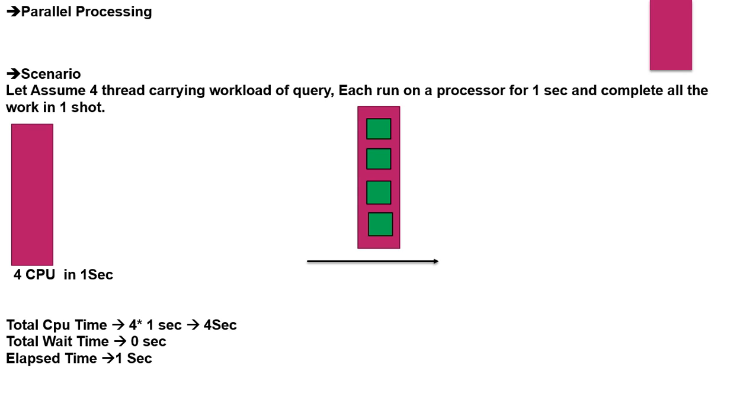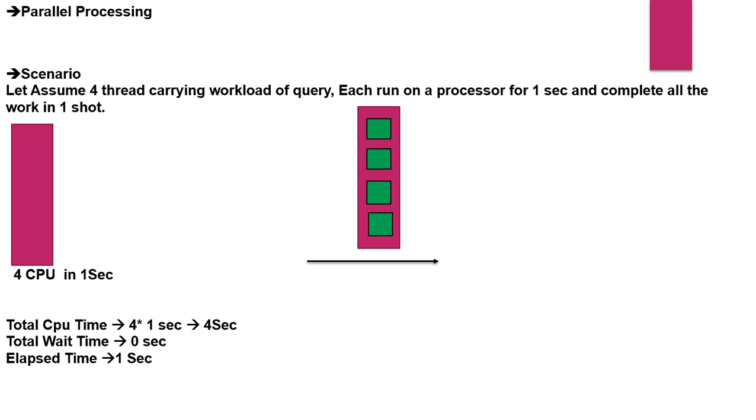Assume the rectangular pink box is a set of 4 CPUs. It will run the SQL statement in one shot because there are 4 CPUs for 4 threads. Then the total CPU time is 4 multiplied by 1 second, 4 seconds. There is no wait time, so it is 0 seconds. Total elapsed time is 1 second to complete overall.